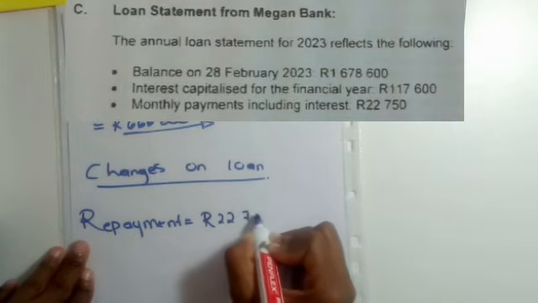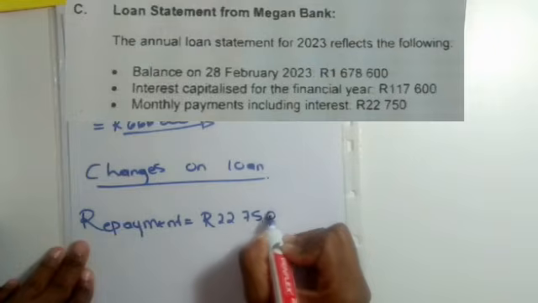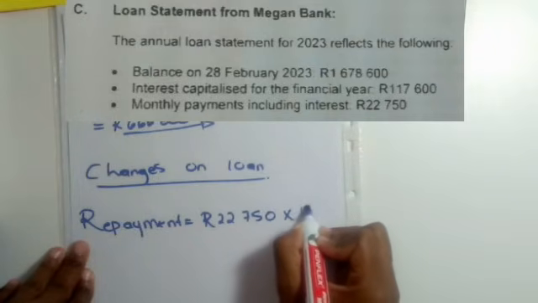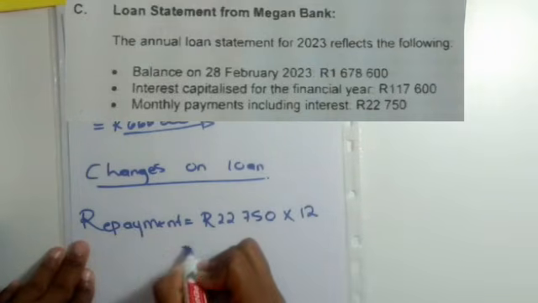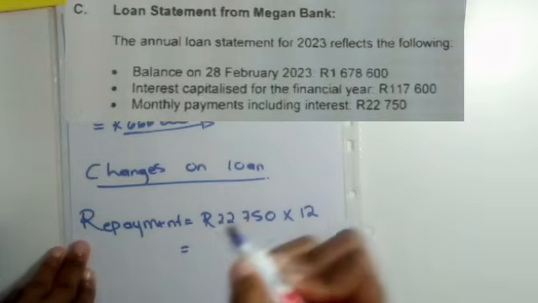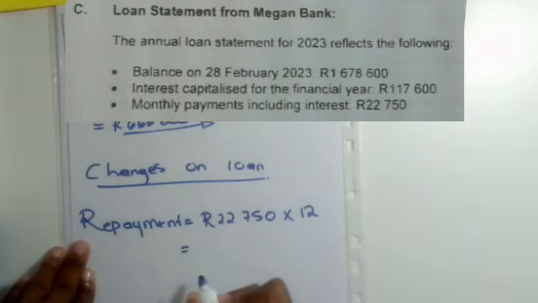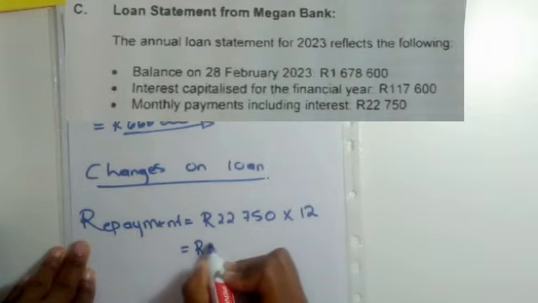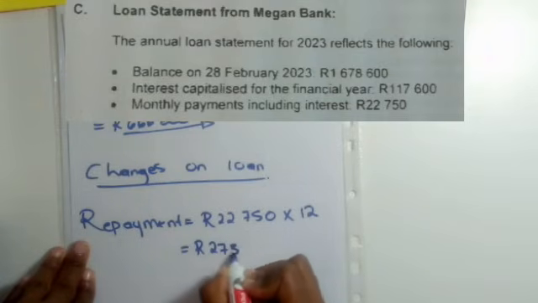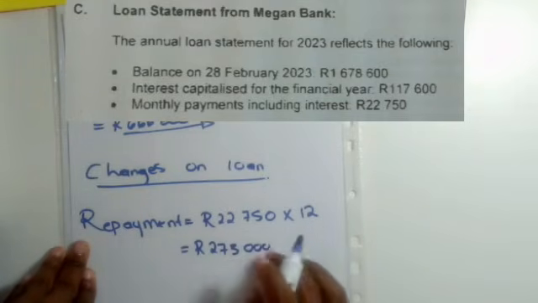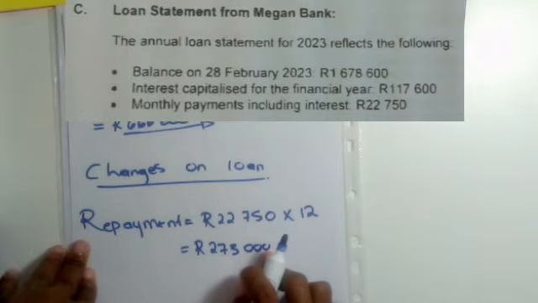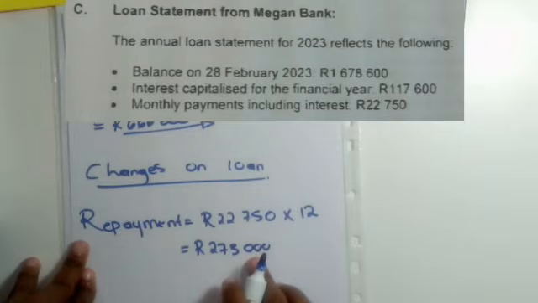So that's when 22,750, they are monthly, so I have to multiply them by 12 to show that I'm annualizing, and I'm going to get a total of 273,000 as the repayment that I have actually made to the bank, meaning that this is my cash outflow.